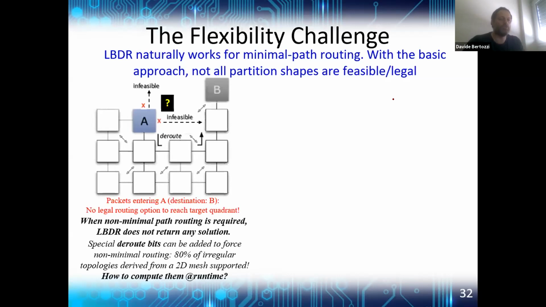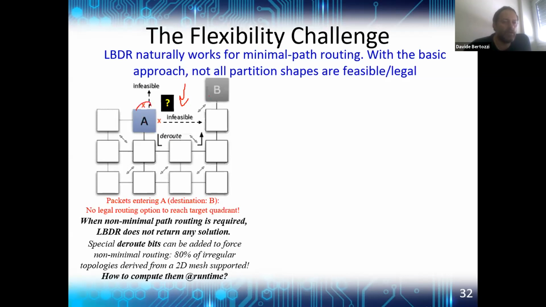So if you are in a situation like this, if you have a partition shape like this one, which is quite irregular, it has a U shape here, you can see here, and it means that you have another nested partition with this one, and you have a packet that from A wants to reach B, this routing logic will say, what is the target quadrant? Oh, it's northeast. Then productive directions are north and east.